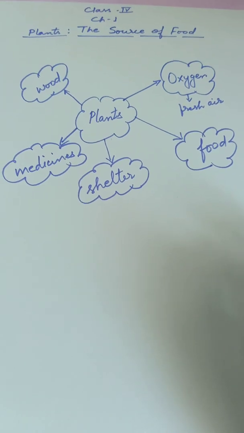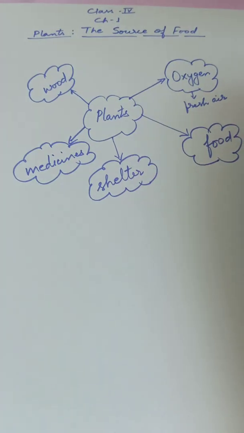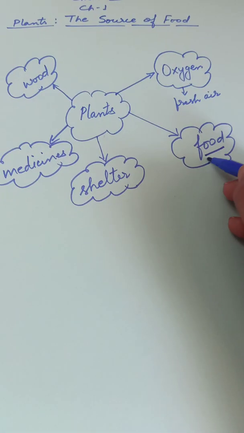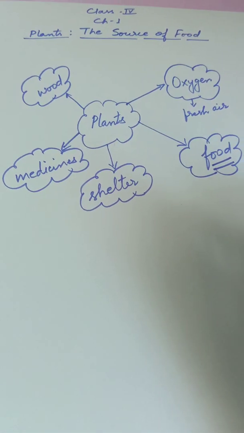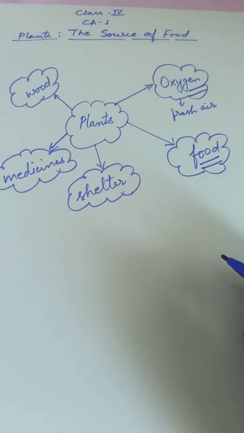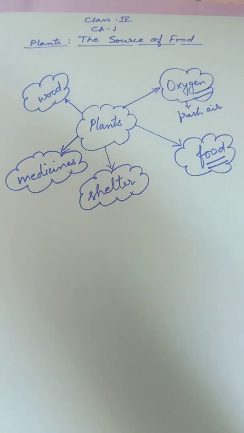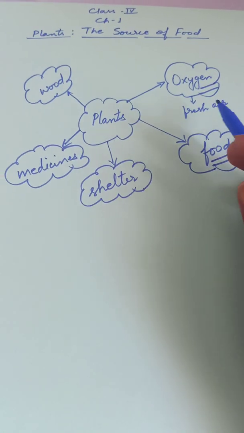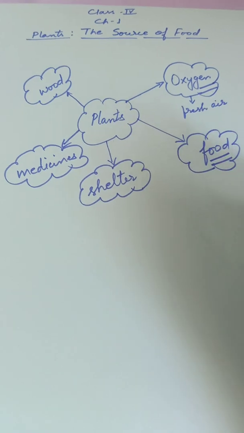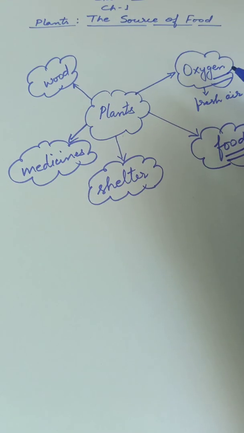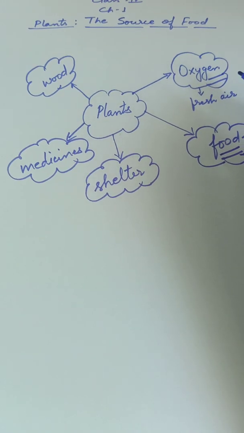So, in this chapter, we are going to study how plants give us food and how oxygen is given by the plants. Alright? In this chapter, the main part will be relating to food and oxygen. How we are going to get food and how we are going to get oxygen from plants.